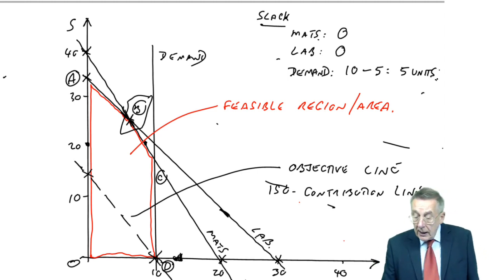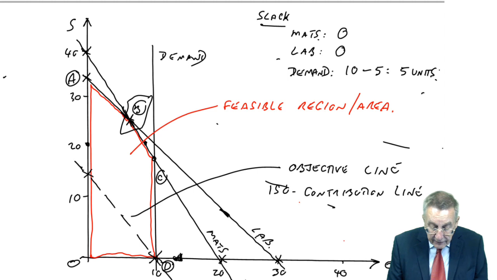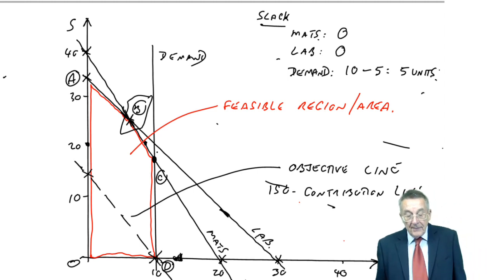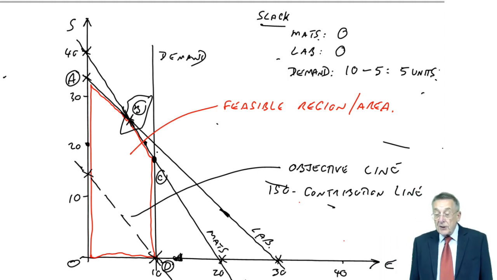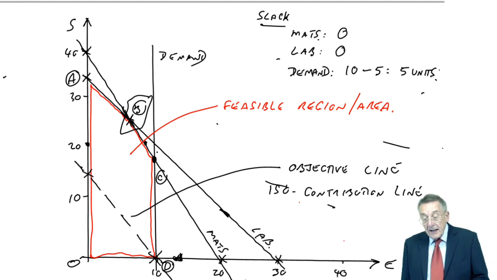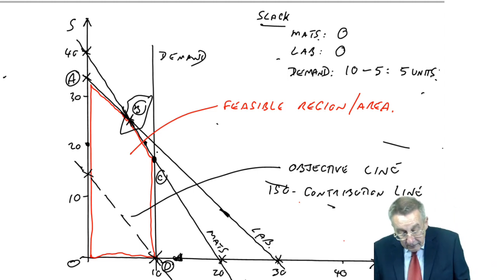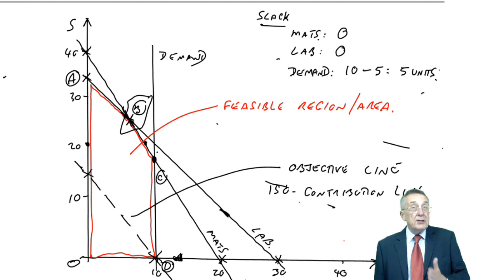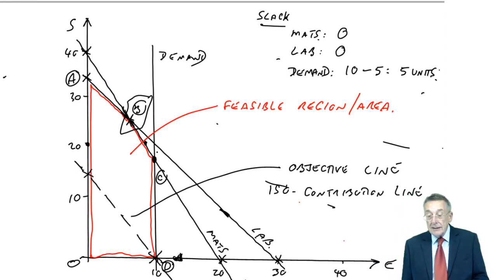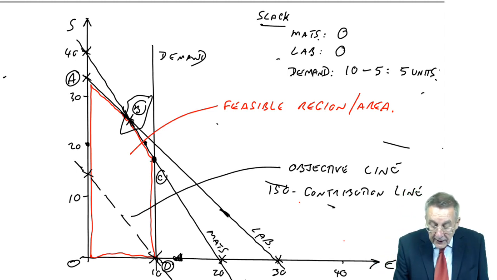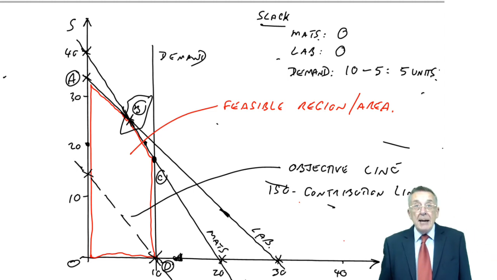It could take slightly longer, you know, if we were at point C, for instance. I'm not going to read you the calculations because that's not our answer, but if C had been the answer, we're on the materials line, there'd be no slack on material. We're on the demand line, there's going to be no slack of demand. But point C would be below the labour line.